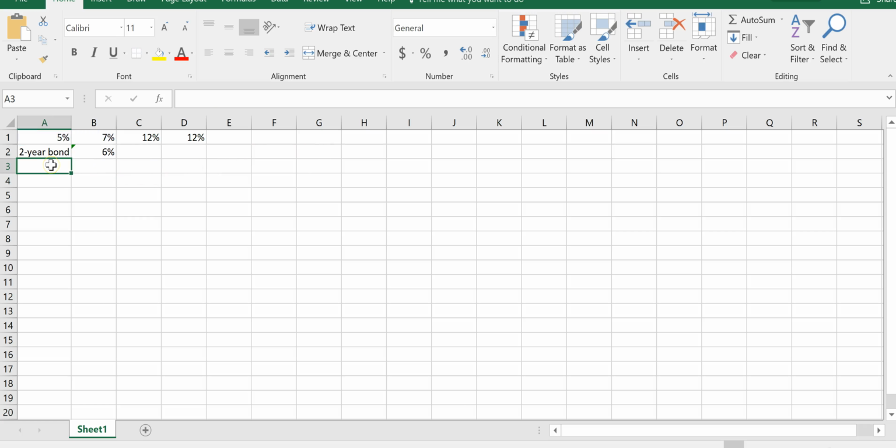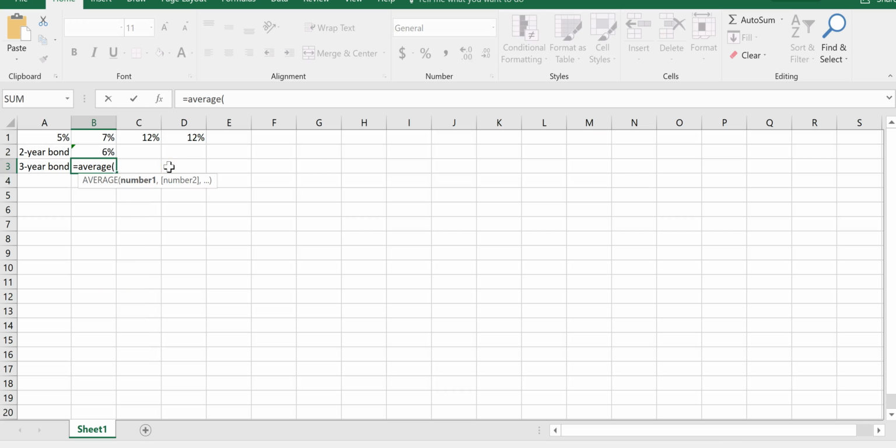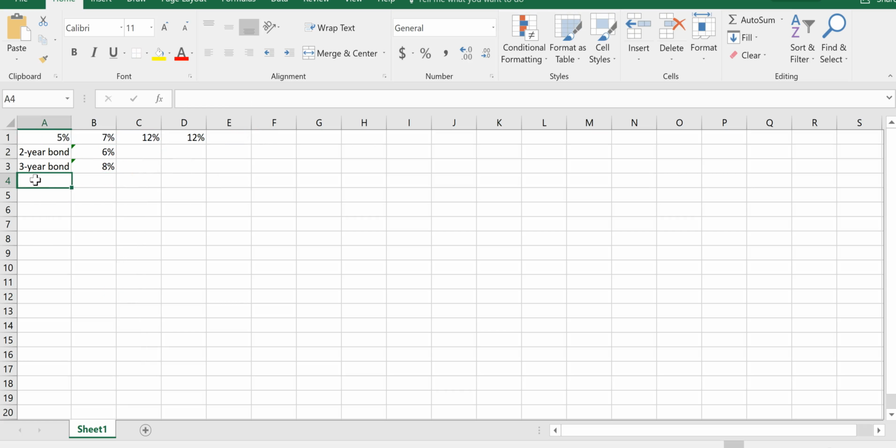Obviously here you can just look at that 5%, 7%, the average is obviously 6%. And for the 3-year bond, this one is actually the average of the first 3 interest rates. That's 8%.